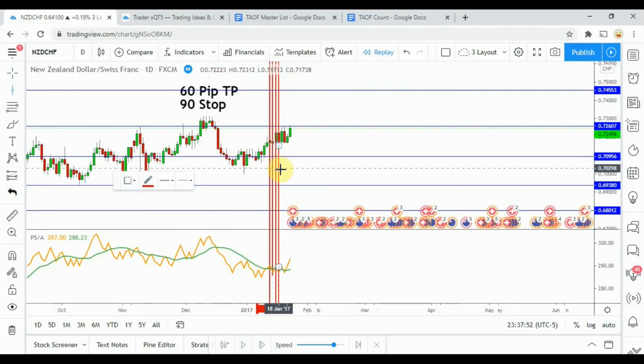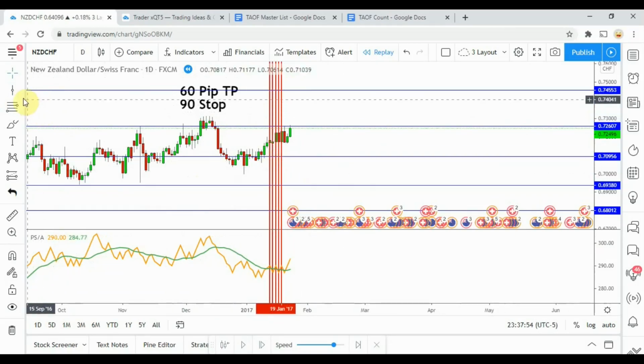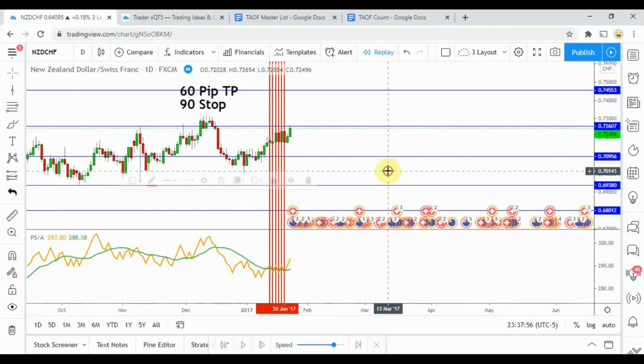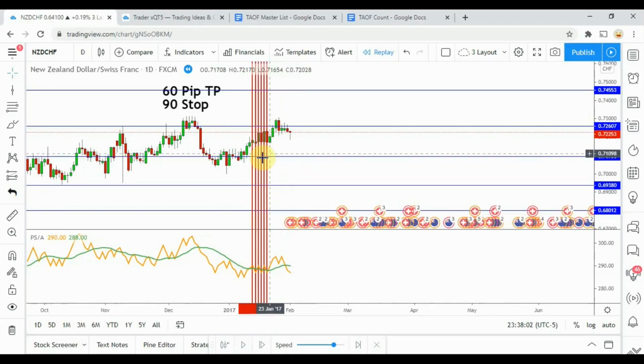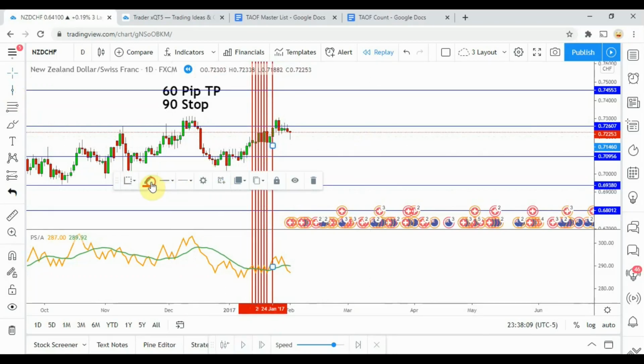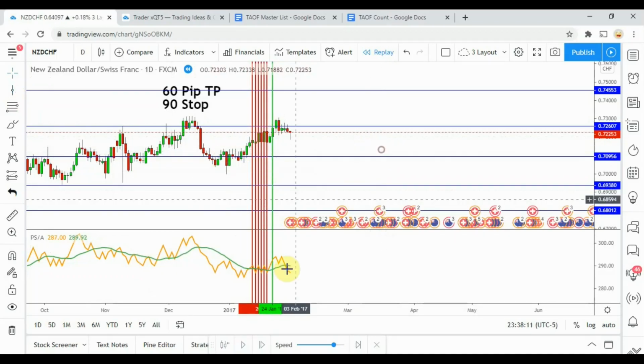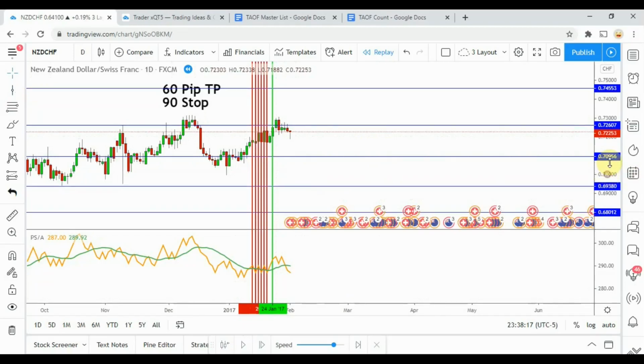Looks like long, then short, and then finally a long that maybe doesn't get stopped out immediately. Alright, it did not. So that will be our first winning trade on this particular one.